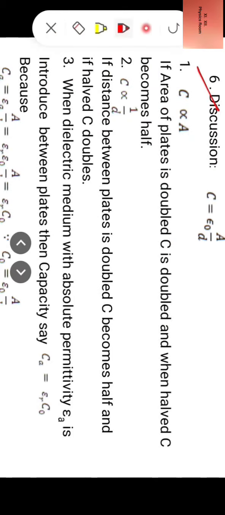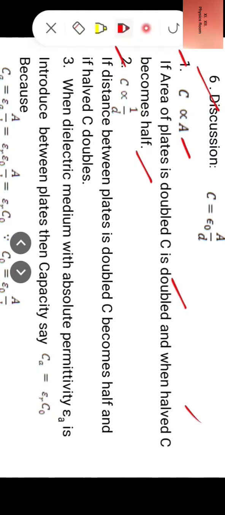Since C is equal to epsilon 0 A by D, the first point is that C is directly proportional to A. That is, capacity is directly proportional to area of each plate. If area of plates is doubled, C is doubled, and when area of each plate is halved, C becomes half.